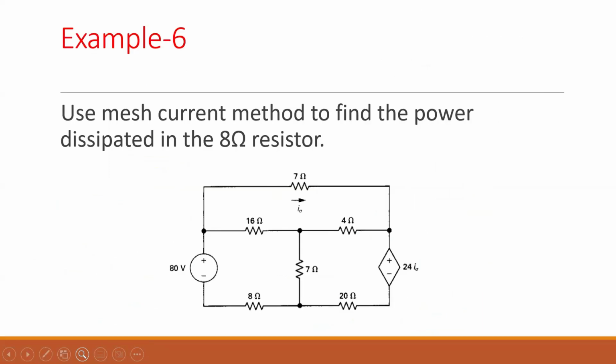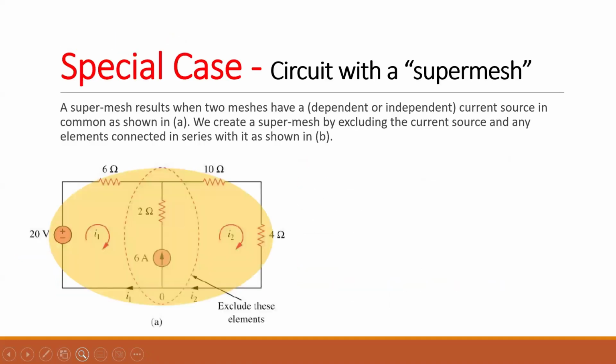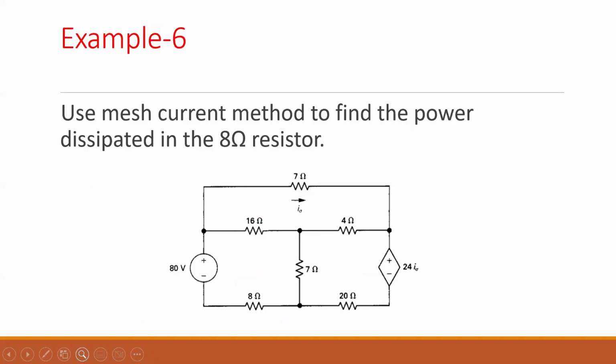Okay, I want you to get the equations again because this is very similar to the previous one. So this is the last question from this one, and I'll move to the super mesh.